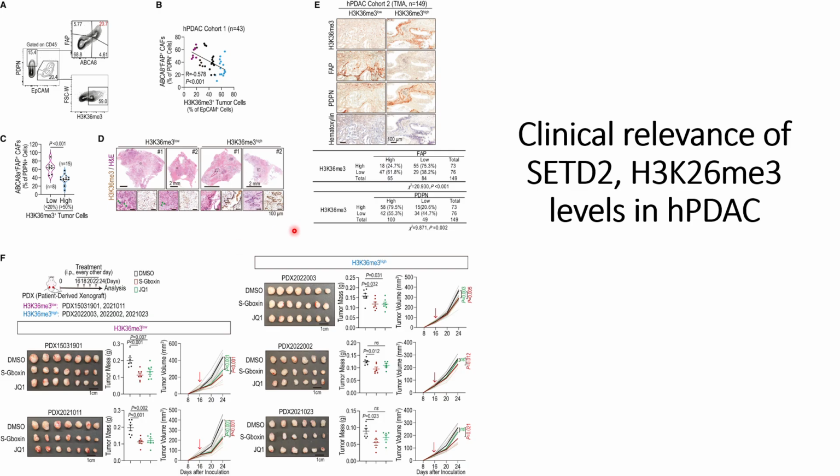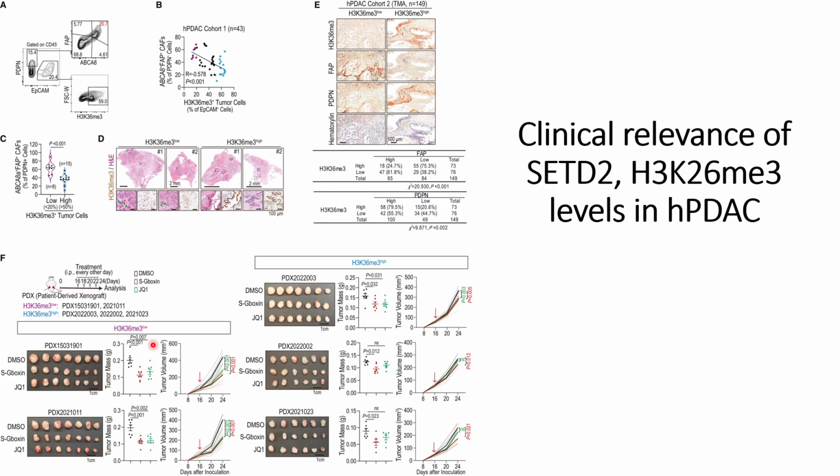And after validating their results for clinical relevance, they wanted to check whether this works in vivo when a patient-derived xenograft is used for human pancreatic adenocarcinoma in mice. They did a treatment every other day from the 16th day.